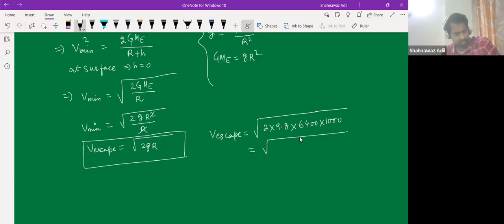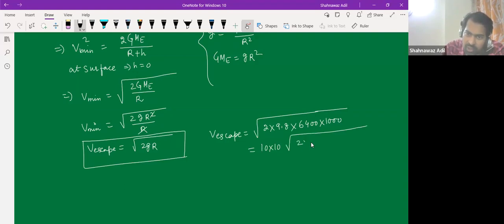How much is that? And then we have this 2, and we can take the 10s outside. So this is 100 and then another 10, right? And then this is 2 into 98 and 60.